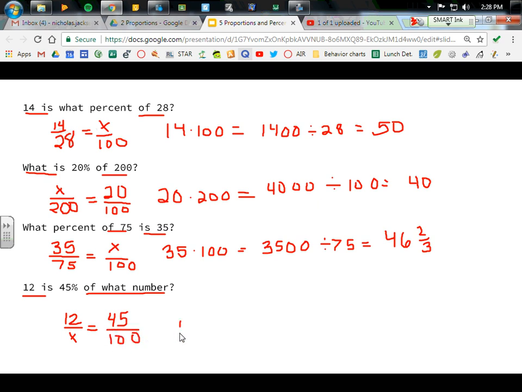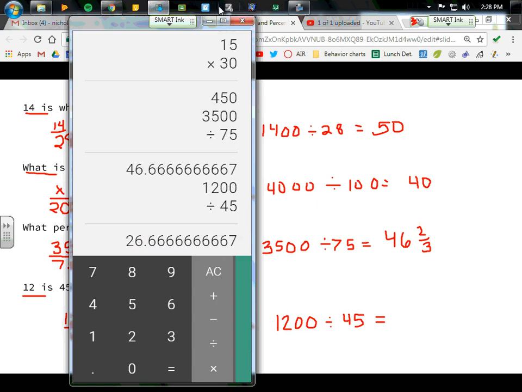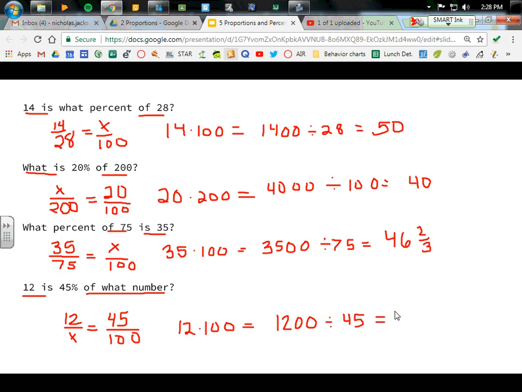Cross multiply 12 times 100 equals 1,200, divided by 45 will give us 26 2/3.